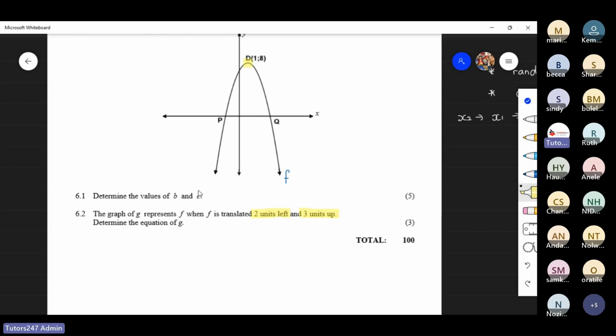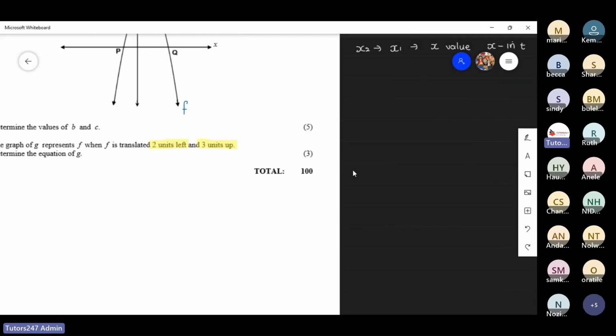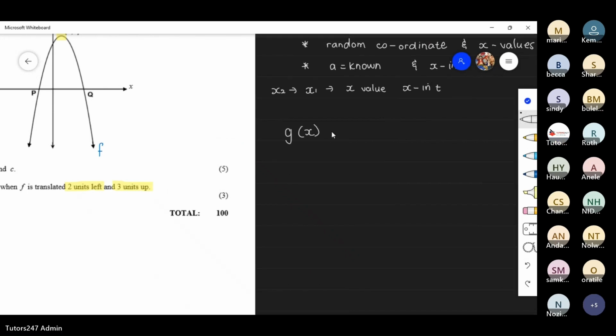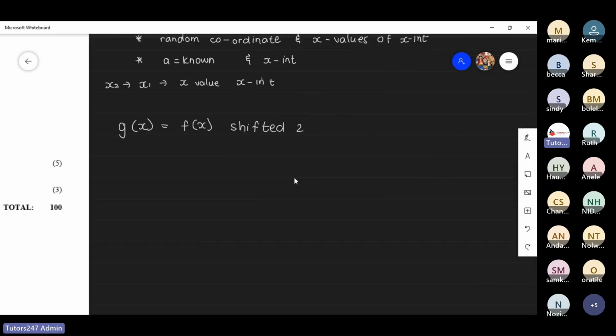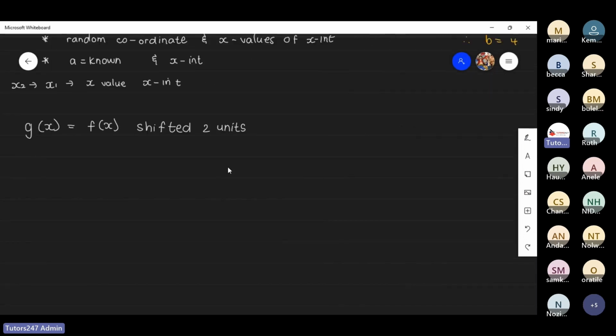So let's attempt that on the side. We were told g of x is equal to f of x shifted 2 units right, or was it left? Just give me a moment to double check. It was 2 units left, not right.